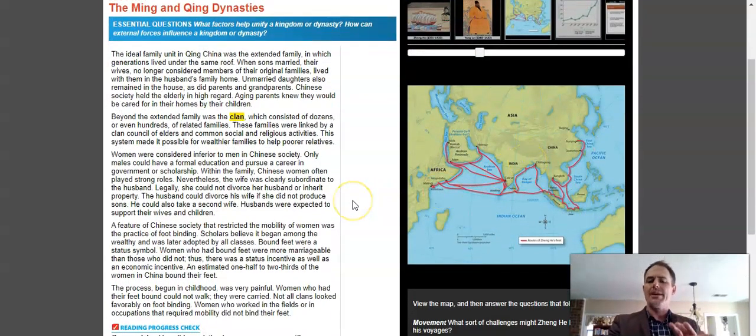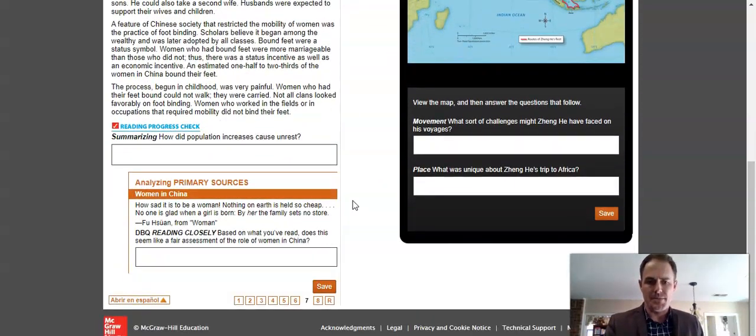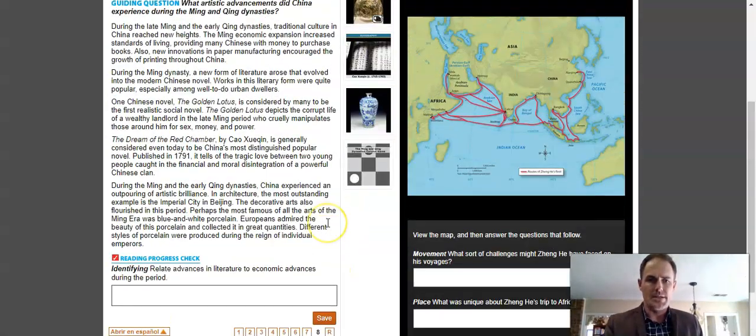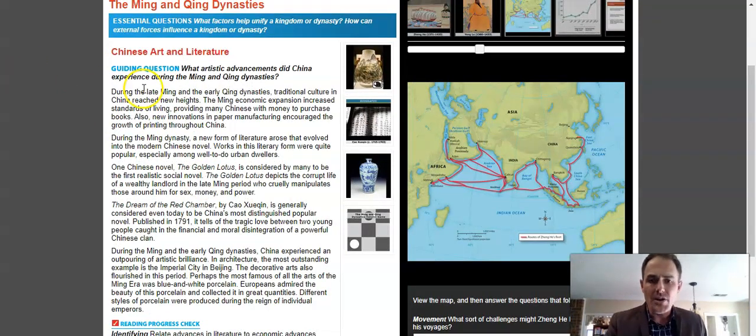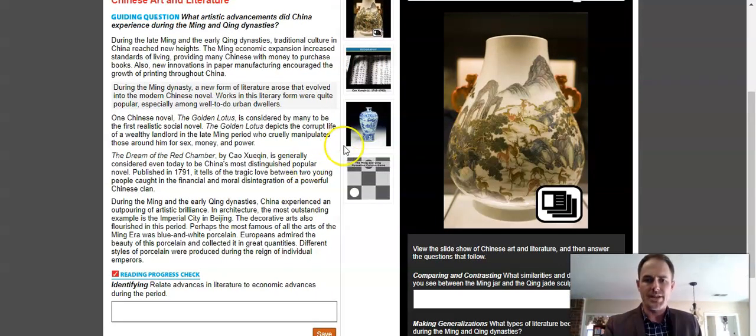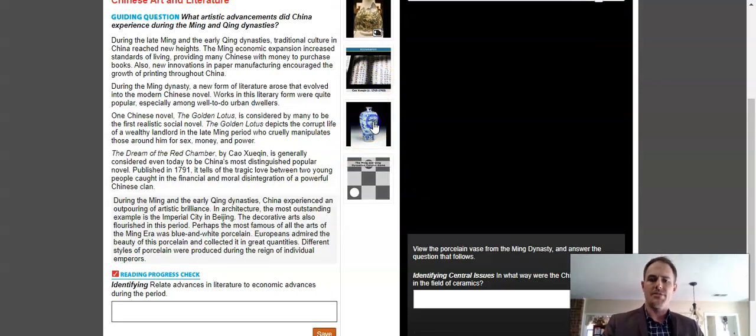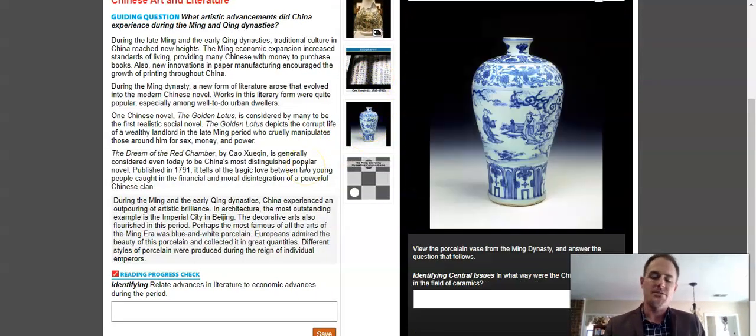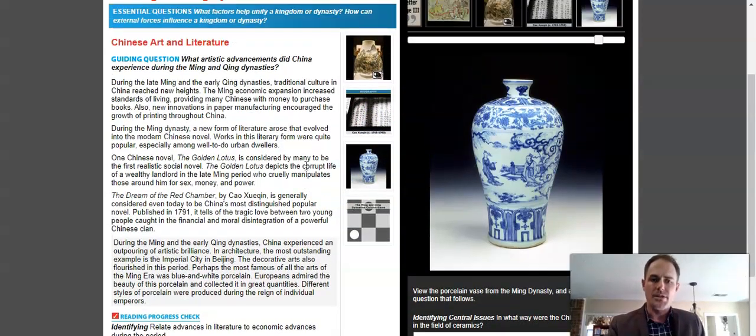more maps, right? You're going to need to use all of these resources in order to complete your Get Sig chart. Look, Chinese art and literature, right? It's its own section at the very end. If you hadn't skimmed, you wouldn't know that it's there. You're going to see some more examples of Chinese art and literature, kind of how we started this lesson when we looked at the Metropolitan Museum of Art.